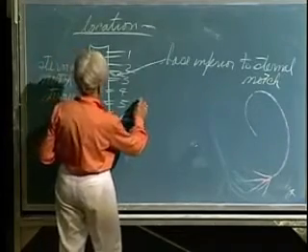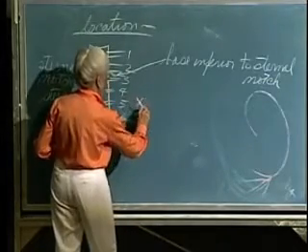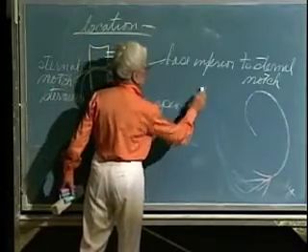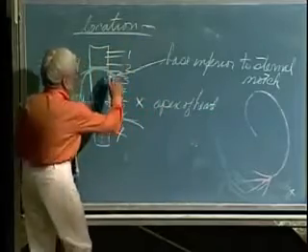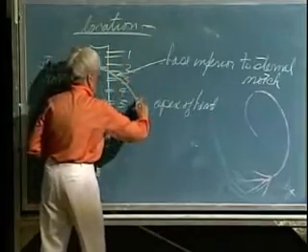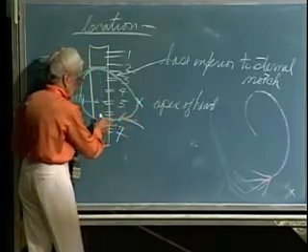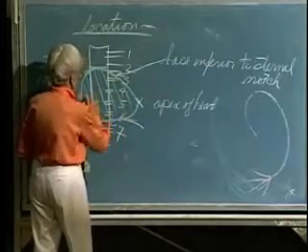We're going to put in the apex of heart and bring this down here to the 5th intercostal space and bring it around like this. So we've put the position of our heart like this.